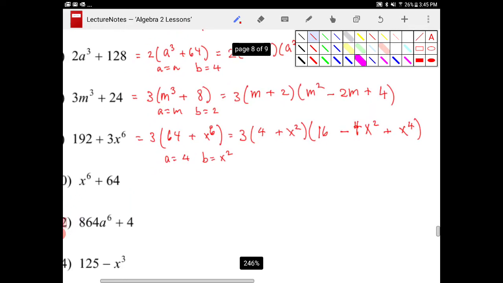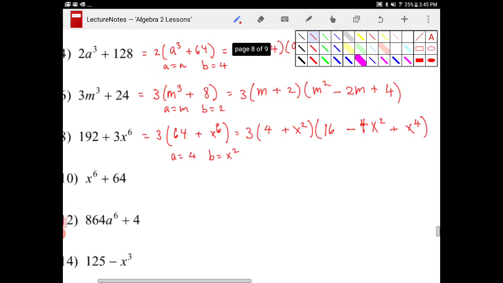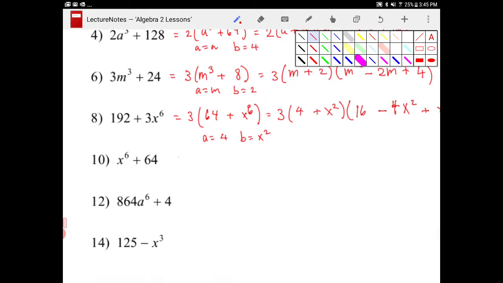All right, so moving on, I have this one: x to the 6 plus 64. Very similar, actually it's the same problem. a in this case is equal to x squared, b is equal to 4.